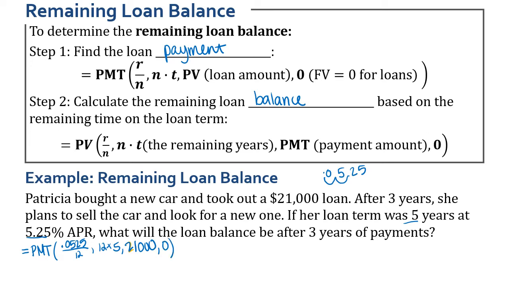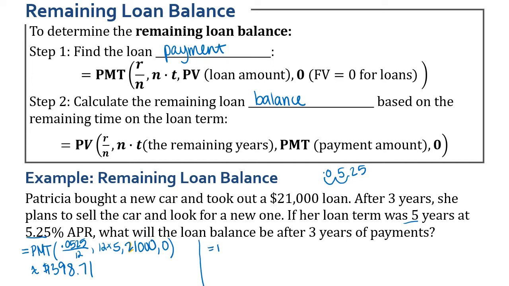When we do that, we get about $398.71. So when she initially took out the loan for 5 years at 5.25% APR, she has a payment of $398.71.